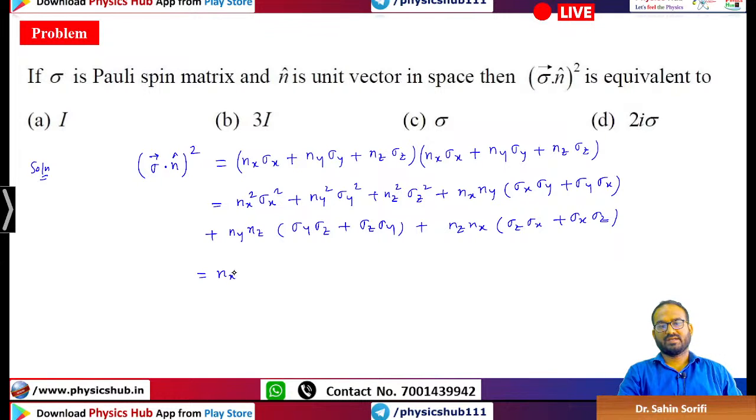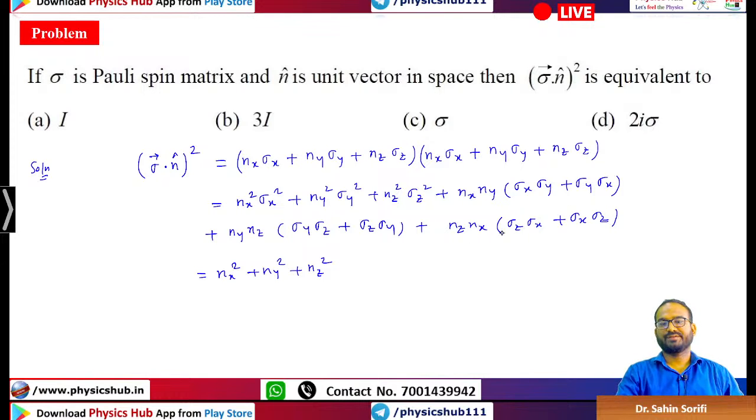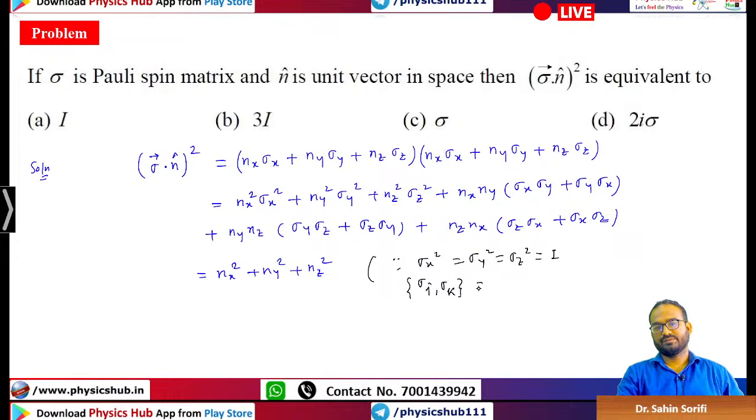So you have nx square plus ny square plus nz square, and the sigmas anti-commute, right? So sigma j sigma k anti-commute.